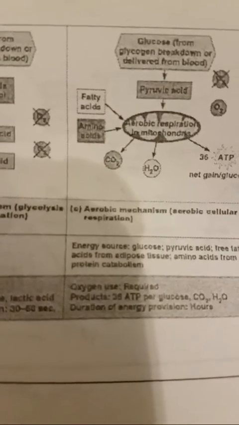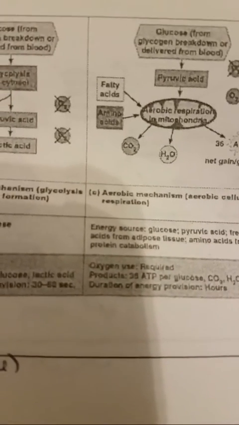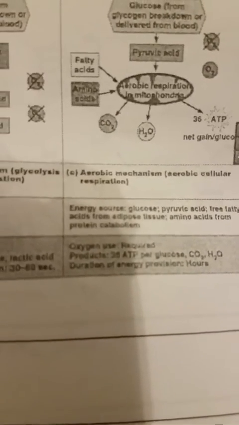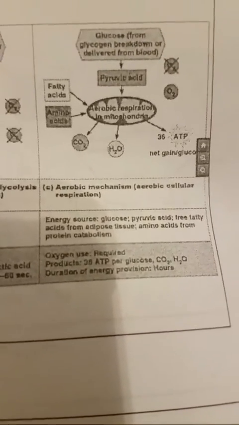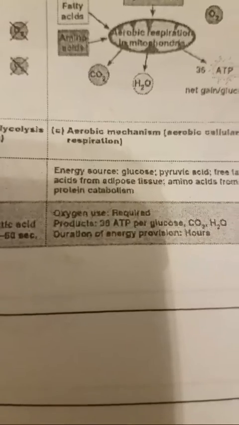Glucose from glycogen breakdown or delivered from blood. Pyruvic acid, fatty acids, aerobic respiration in mitochondria. Water, carbon dioxide, ATP, amino acids. So this is the aerobic mechanism, aerobic cellular respiration.